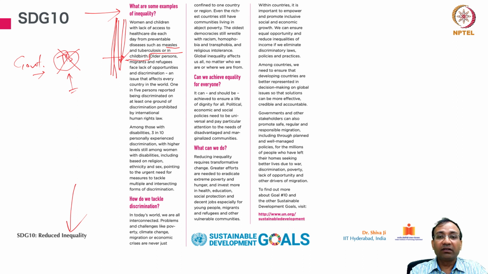Older persons, migrants and refugees face lack of opportunities and discrimination at work, maybe. Yeah, an issue that affects every country in the world. 1 in 5 persons reported being discriminated on at least one ground of discrimination prohibited by international human rights law.